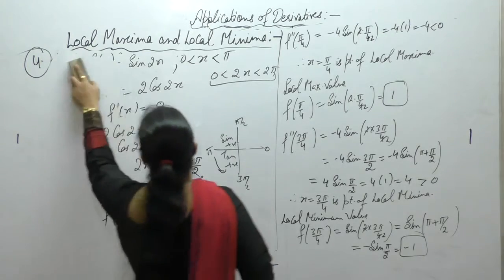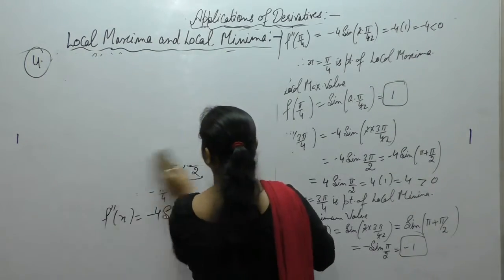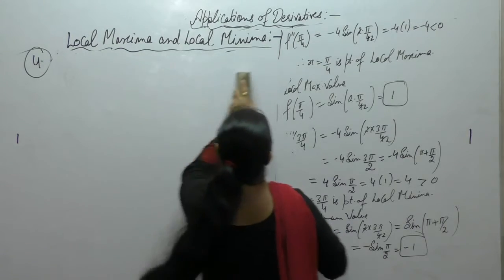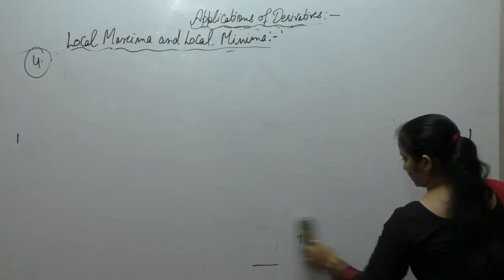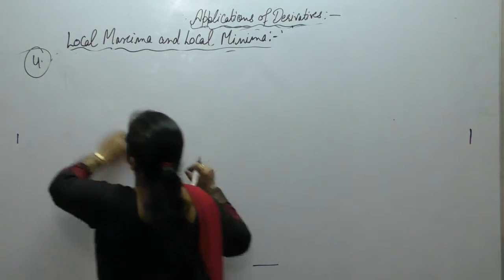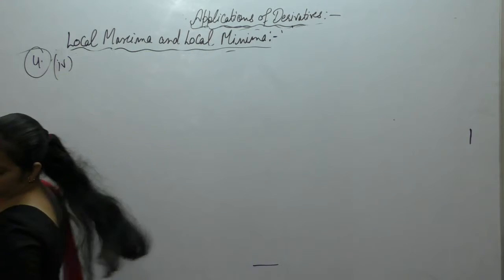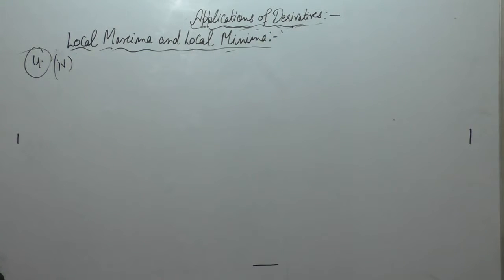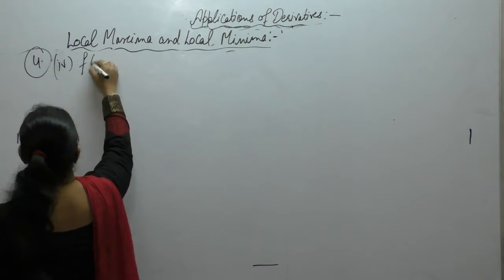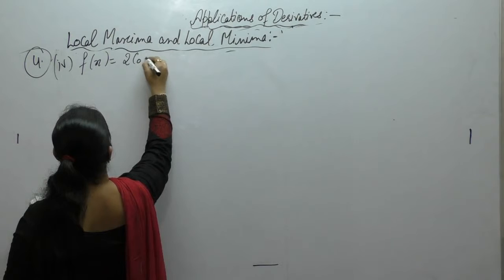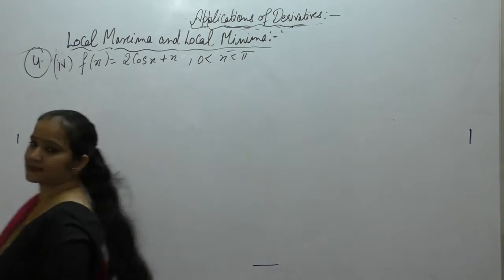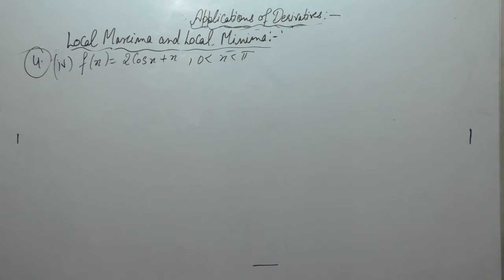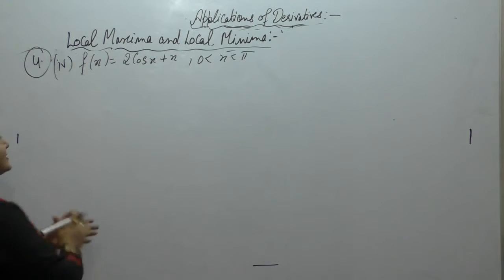Now the next part. Fourth part. f of x is equals to 2 cos of x plus x, 0 is less than x less than pi.